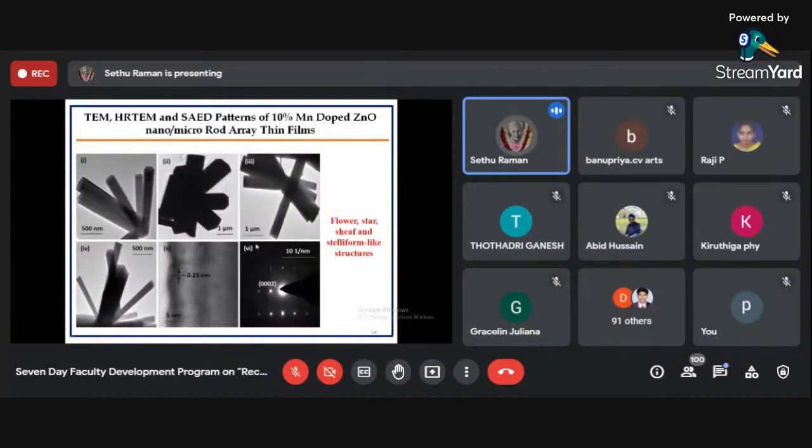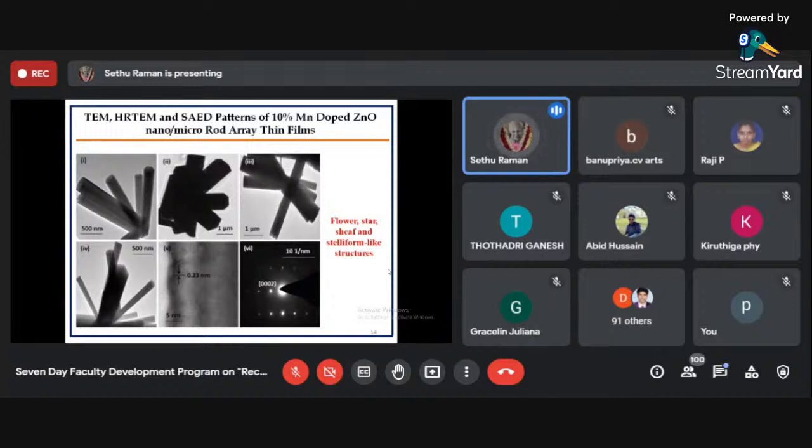So this is completely, you see, the 10% Mn doping of the ZnO nano-microrod array thin films. Flower, star, sheaf, and stelliform-like structures are obtained due to a high degree of supersaturation.